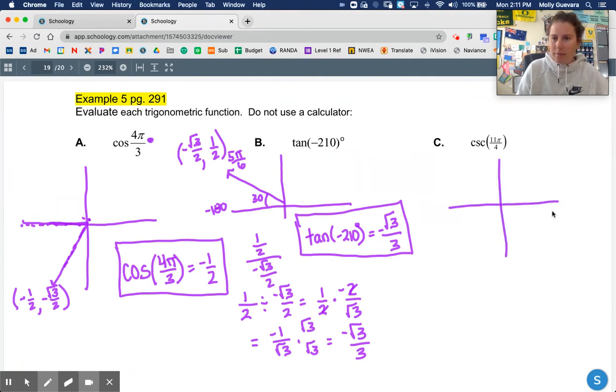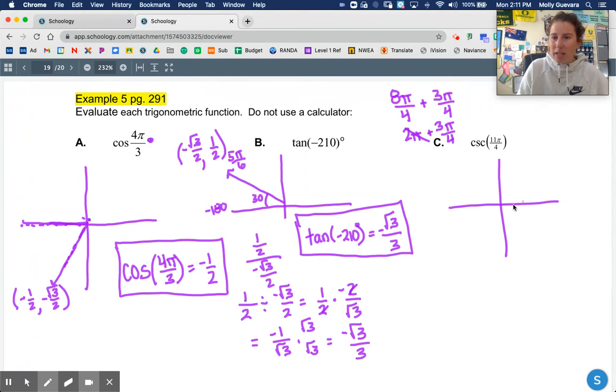Okay, last one. Cosecant of 11 pi over 4. I'll worry about the cosecant later. I just need to find where is 11 pi over 4. Well, I know that 8 pi over 4 is 2 pi, and then I have another 3 pi over 4 to get to 11 pi over 4. So this is 2 pi. I don't really care about 2 pi because it's just all the way around.